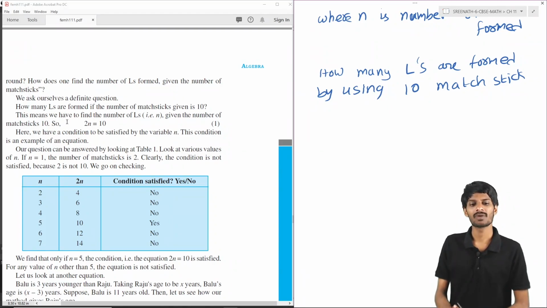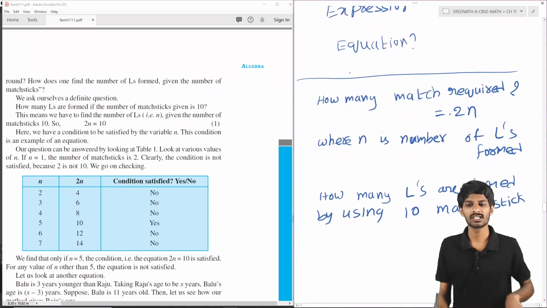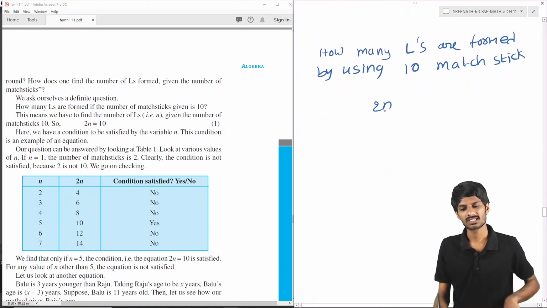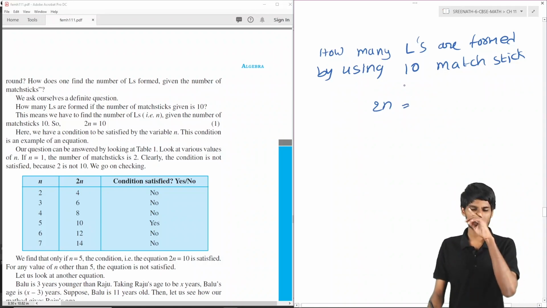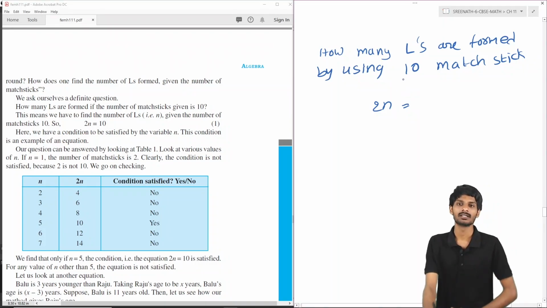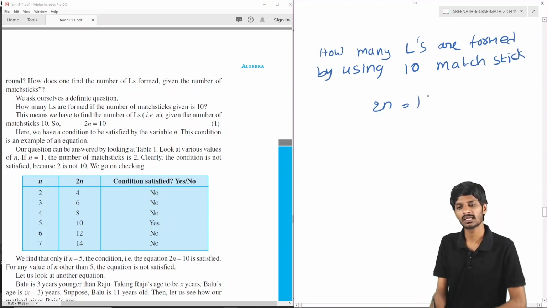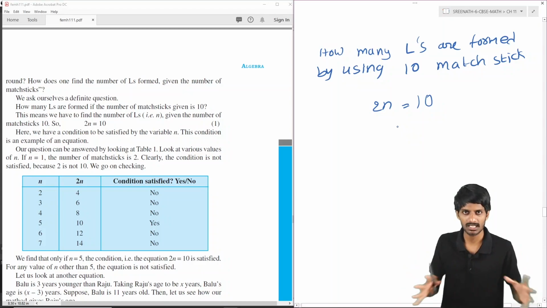So given the number of matchsticks is 10. Basically, the number of matchsticks required is 2n according to the formula. Here she has given 10 matchsticks, so it has to equal 10. Can you understand, students?